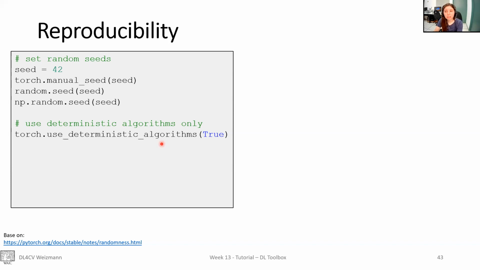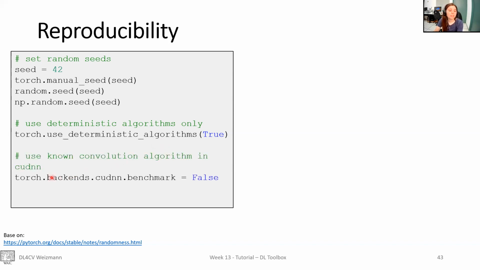Another thing we might find ourselves needing to do is to set the torch backend cuDNN benchmark to be false. And what this actually does is, when we use convolution operations on a specific size, like a specific shape, what CUDA usually does is it runs some benchmark of several available convolution methods, so different ways to compute the convolutions, and it chooses the one that runs fastest on this specific machine.